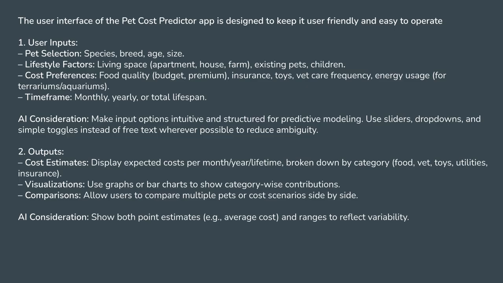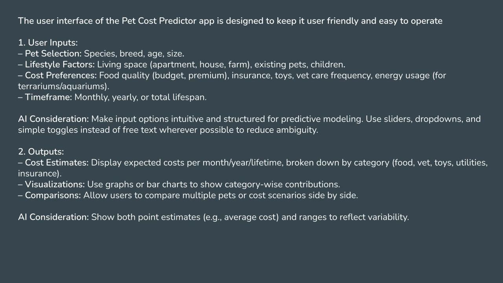Cost preferences: food quality, budget, premium, insurance, toys, vet care frequency, energy usage for terrariums, aquariums. Time frame: monthly, yearly, or total lifespan. AI consideration: make input options intuitive and structured for predictive modeling. Use sliders, drop-downs, and simple toggles instead of free text wherever possible to reduce ambiguity.